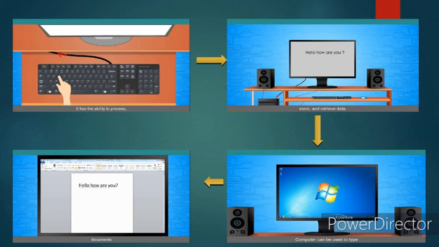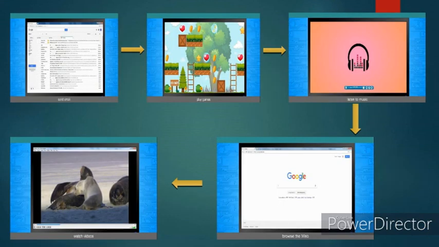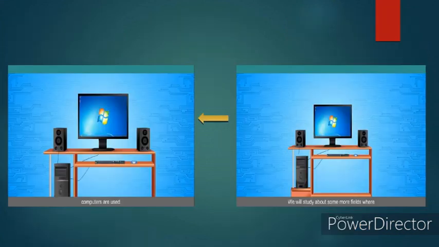A computer can be used to type documents, send email, play games, listen to music, browse the web, and watch videos. We will study some more fields where computers are used.